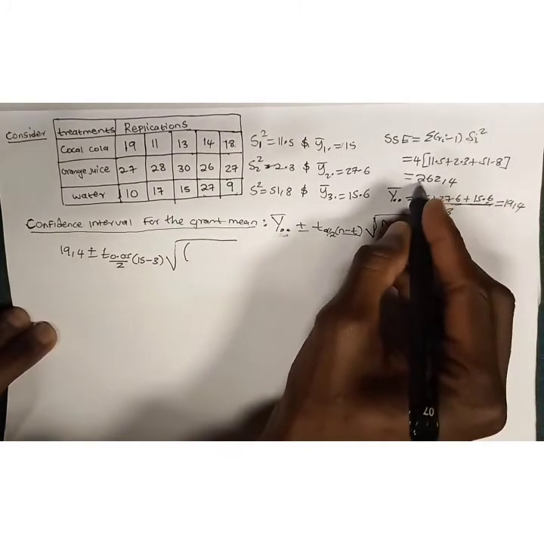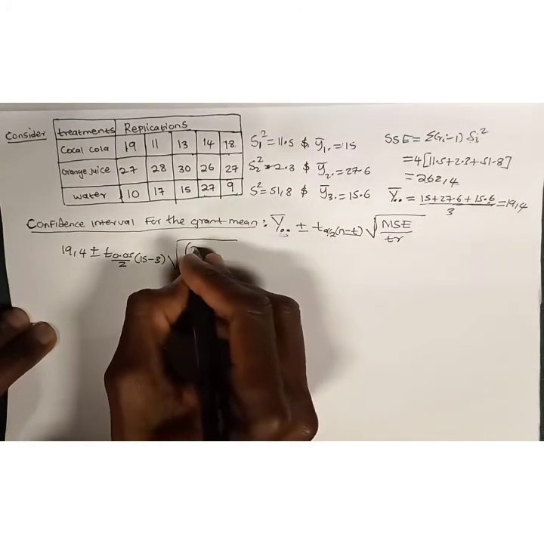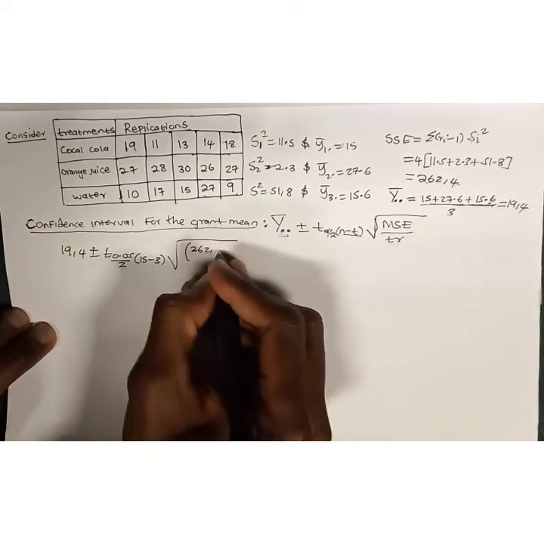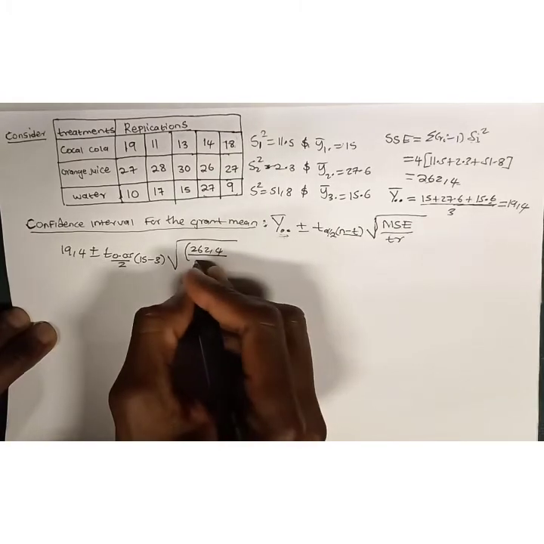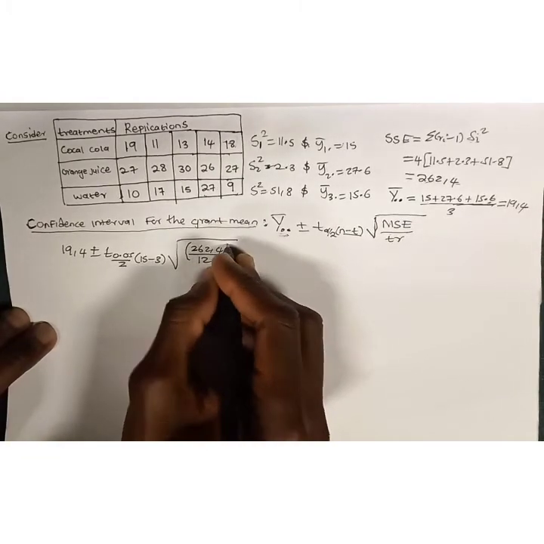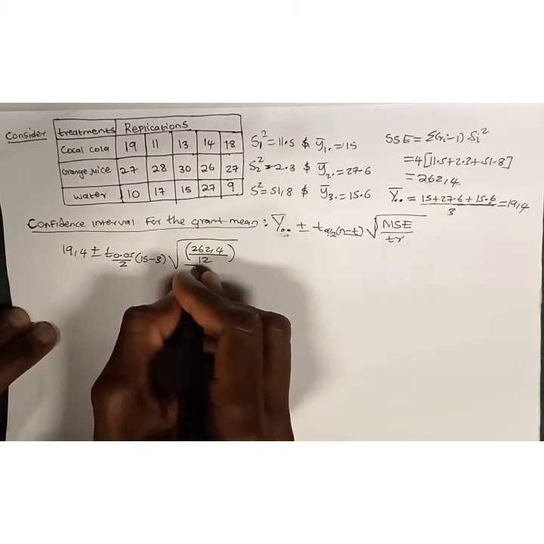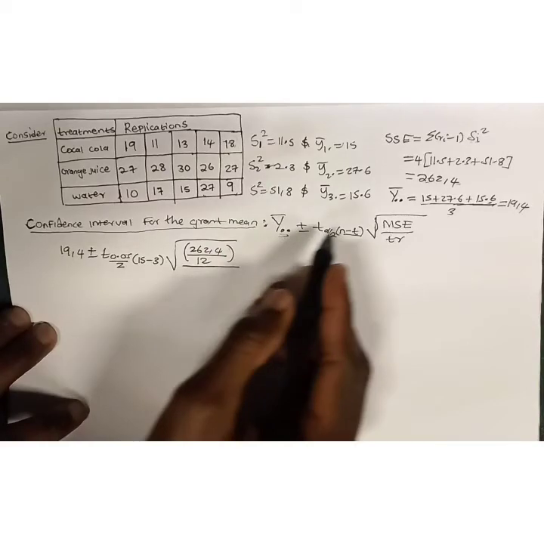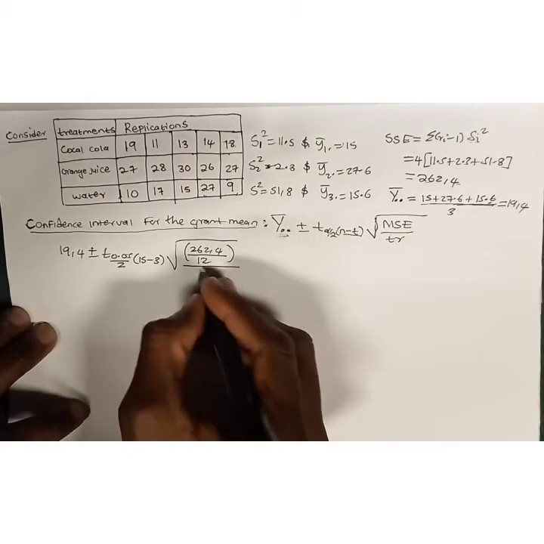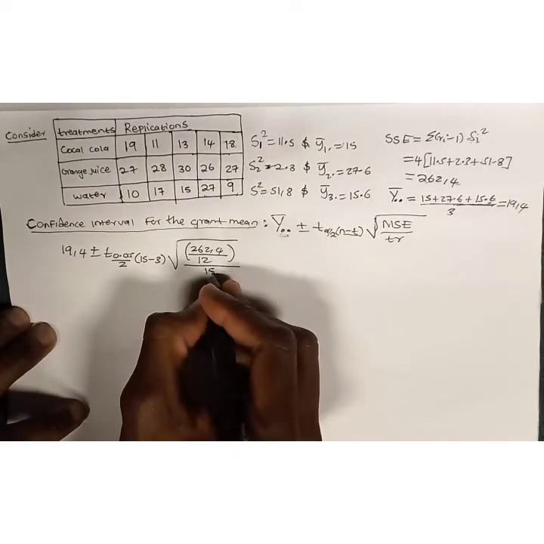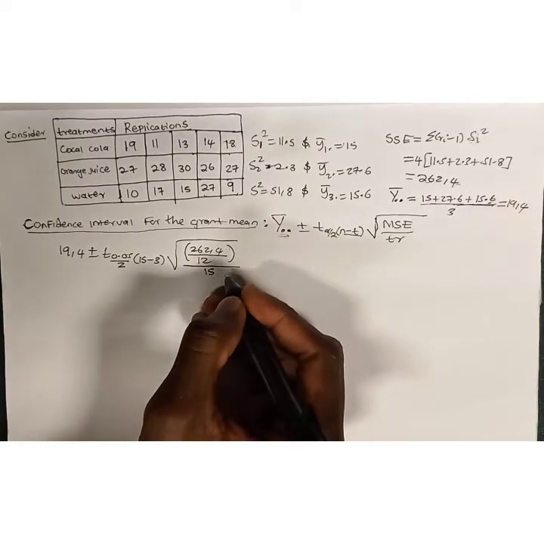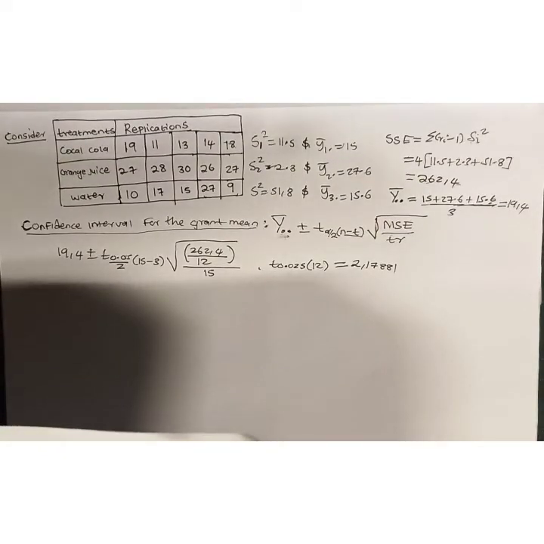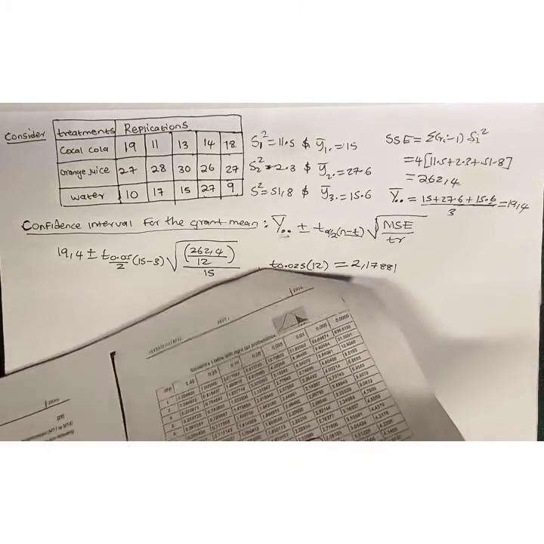I take this value of SSE, 262.4, and divide by 12, which is the degrees of freedom of the error. Then I'll also have to divide by the total number, N, which is 15. Proceeding further, I'll get my t tabulated as this one.